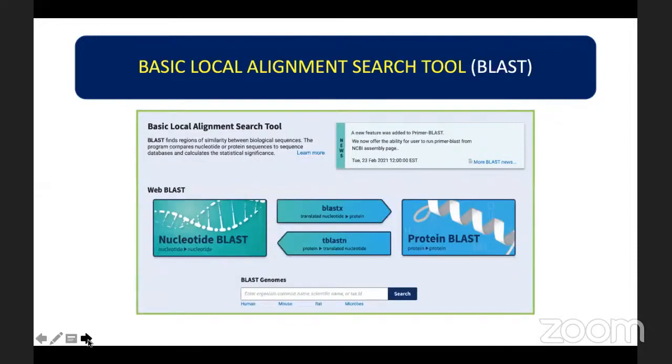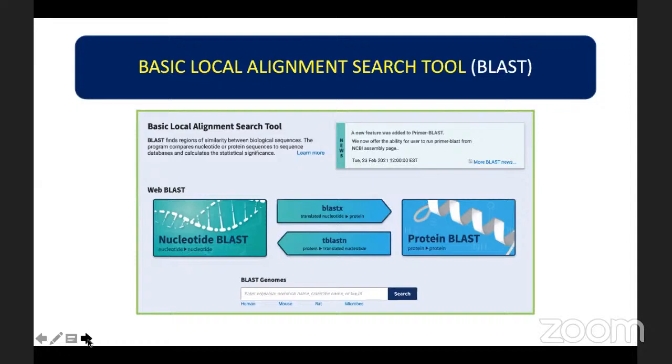So Basic Local Alignment Search Tool, or BLAST, is used to perform homology search between DNA and protein sequences. BLAST can rapidly match a query DNA or protein sequence from all reported sequences in DNA databanks.